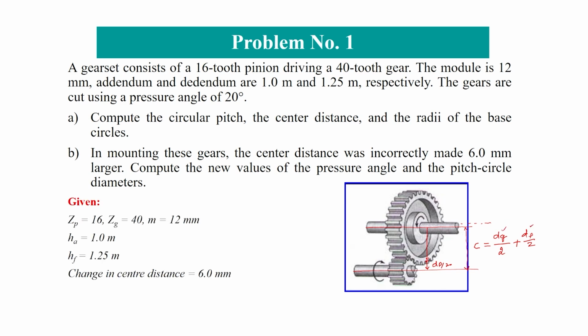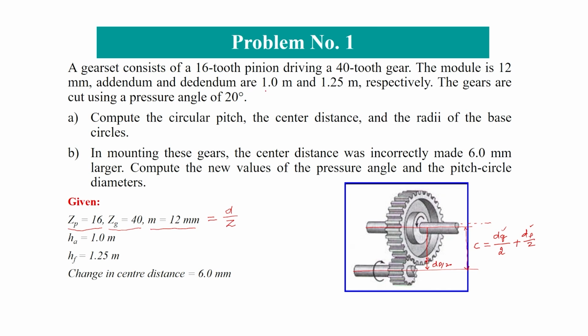Now, in this problem we have been given the number of teeth on the pinion. So, Zp is 16, number of teeth on the gear is 40, so Zg is 40, module is given as 12, and we know module is equal to the pitch diameter d divided by number of teeth z.